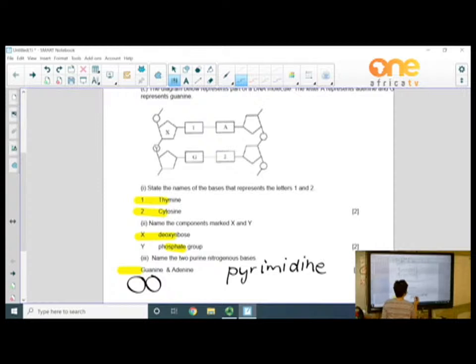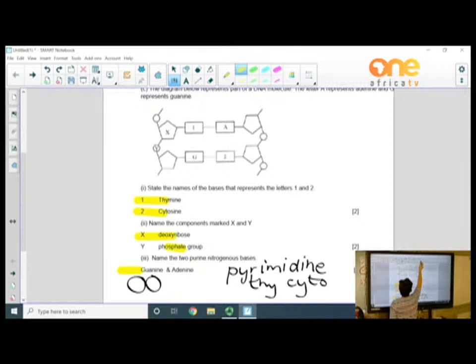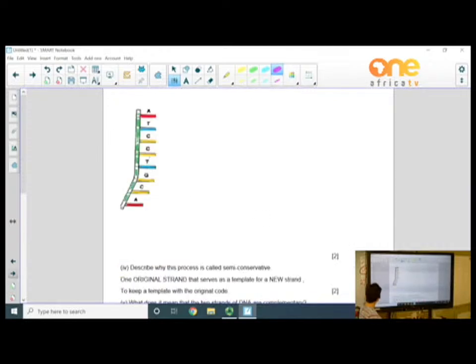The pyrimidines have only one ring, but we can also remember that thymine has a Y and cytosine has a Y. That will help us remember pyrimidines: thymine and cytosine. That is also a way to remember those two different groups.